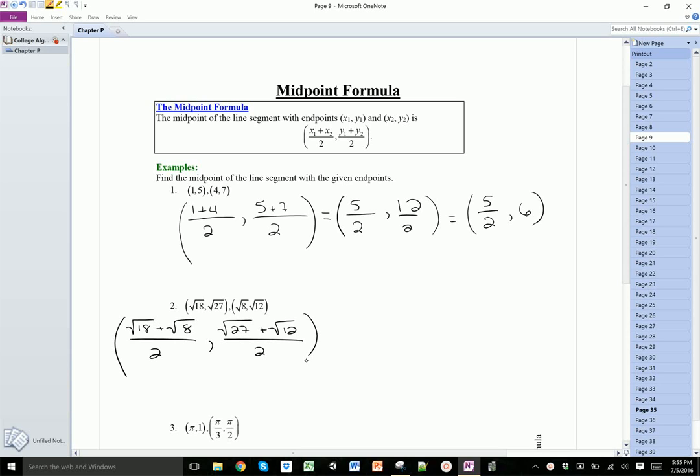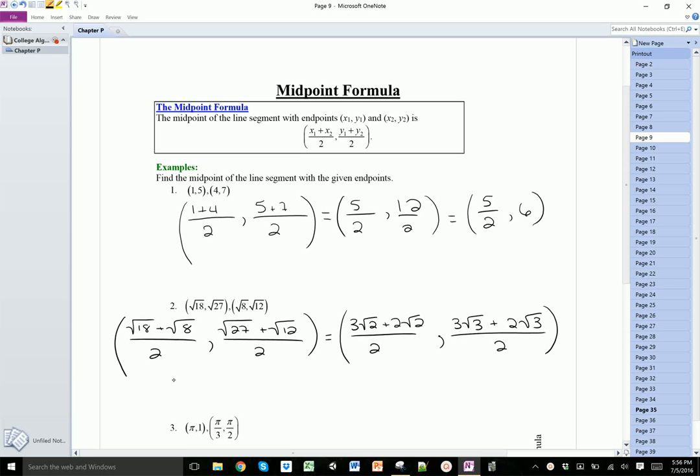The square root of 18 we found to be 3 times the square root of 2, and the square root of 8 we found to be 2 times the square root of 2. And the square root of 27 we found to be 3 times the square root of 3, and the square root of 12 is 2 times the square root of 3.